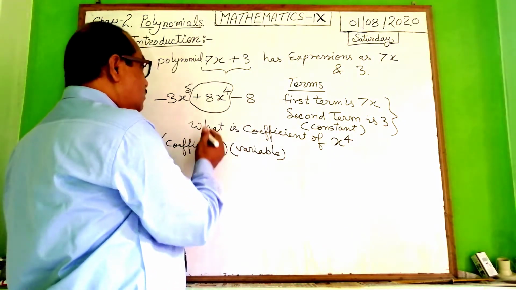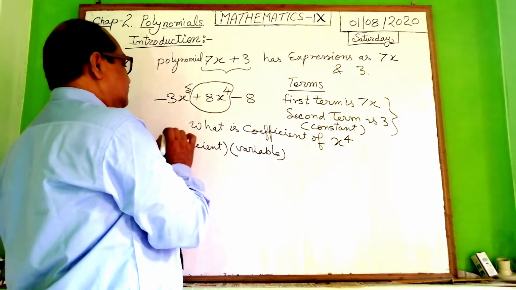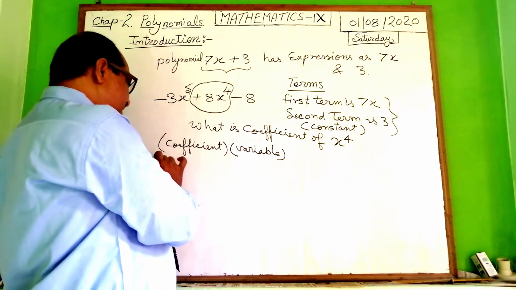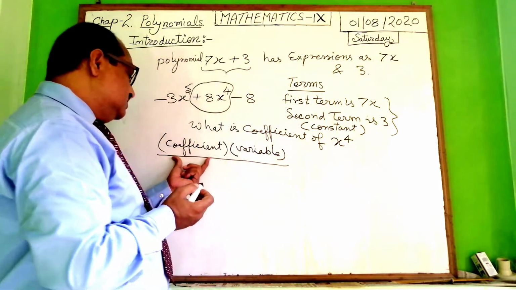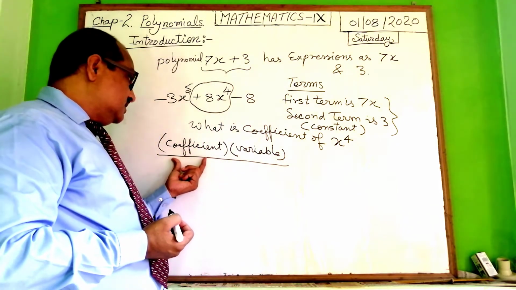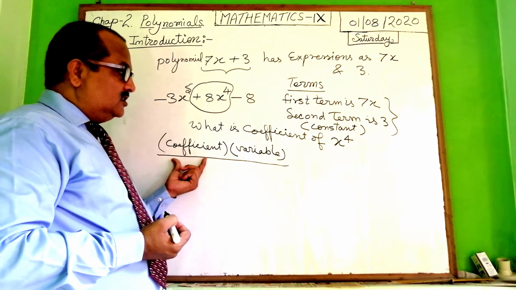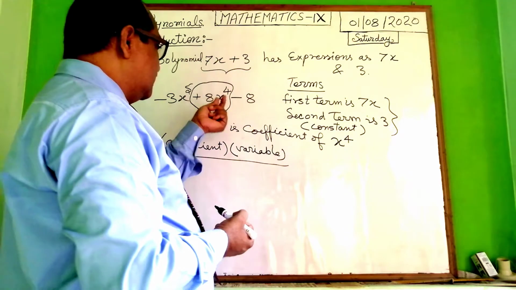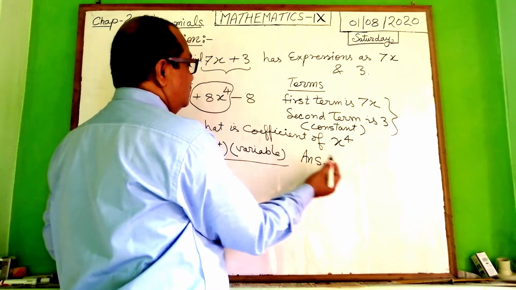Before the variable, what is written, that is the coefficient. So you can identify which real number is written before the variable, that is the coefficient of that term.